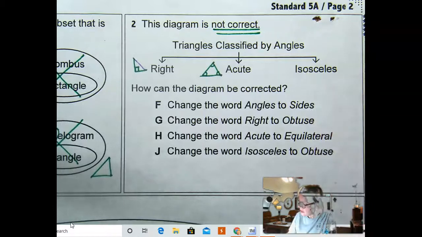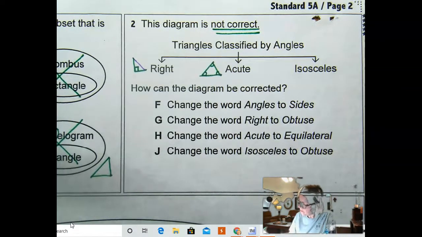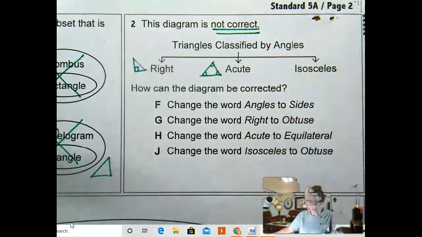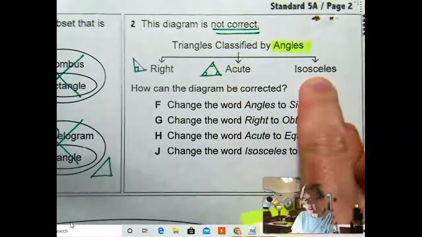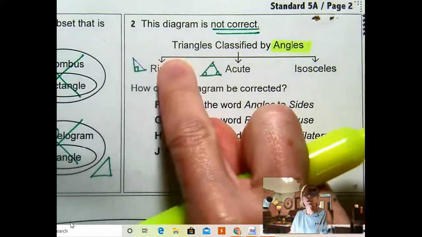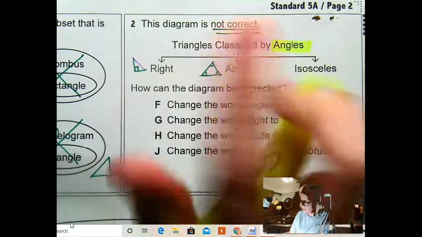And then an isosceles triangle has, now, wait a minute. Isosceles. Okay, look at this. It says triangles classified by angles. Now this is strange. There is such thing as an isosceles triangle, but it says we're classifying by their angles. Now there is such thing as a right angle.